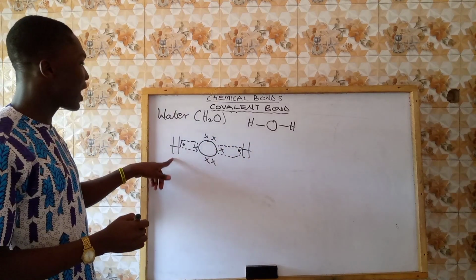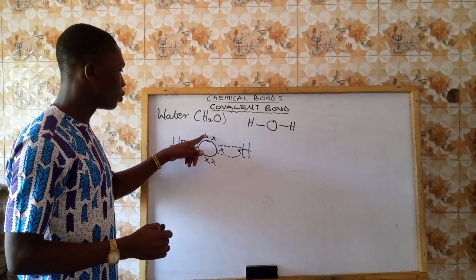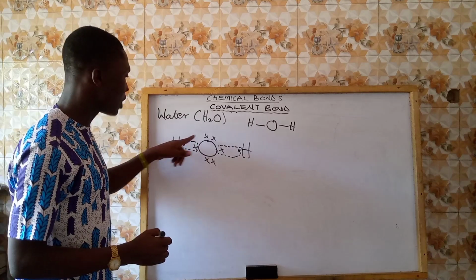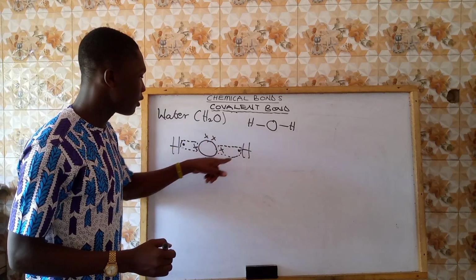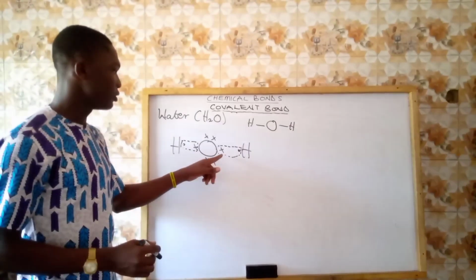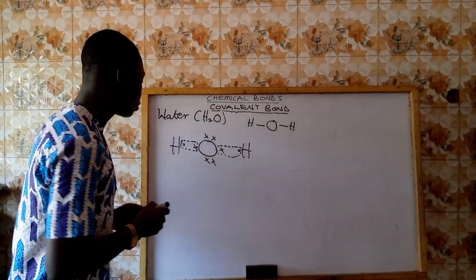Now H will have 2 electrons in the last shell. O will have 8. 1, 2, 3, 4, 5, 6, 7, 8. Now O is stable. And now H, you have 1, 2. It's also stable.